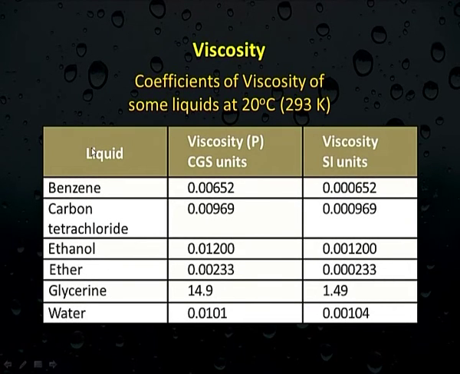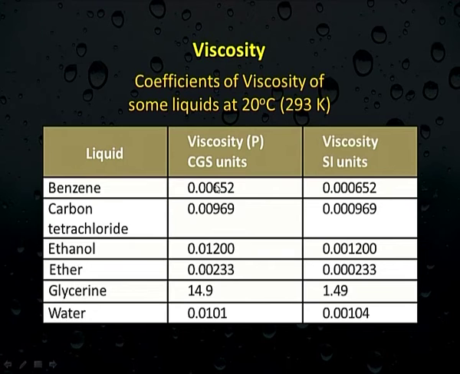Here in this table we can see the coefficient of viscosity of some liquids at 20 degrees Celsius. Here in this column is viscosity in CGS units and here viscosity in SI units. From this table we can easily see how viscous these liquids are. We can see benzene has a very low value.